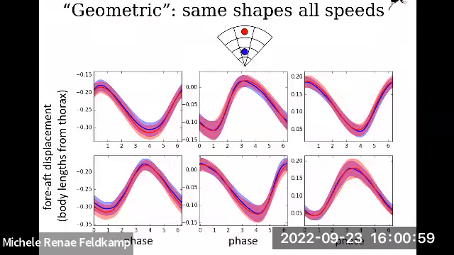One thing we expect is if the motion is geometric, the body has the same set of shapes at all speeds because it's not being deformed by its inertia. There are no inertial forces deforming it. So the animal moving slower, moving faster, you have the same shape. We partitioned our data into 4 categories of speed: lower quartile and then 3 more quartiles.